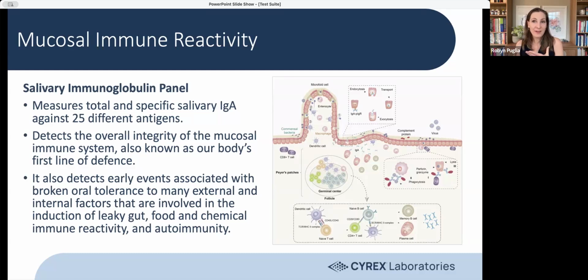But we can also have responses on the mucosal surface that we aren't having systemically and vice versa. So Array14 has 25 different antigens. It is a salivary panel, and we're looking to understand foods, toxins, infections, and autoantibodies on the mucosal surface of the gut specifically.